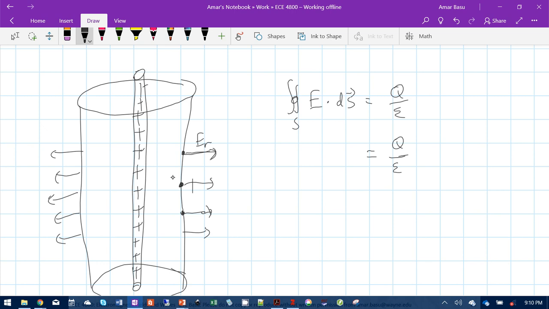It's just the shell, the cylinder, not the top and the bottom, just the shell. If the value E_r is the same everywhere, what is E dot dS going to be equal to? I'm just going to show you the shortcut here. It's going to be E_r times the surface area.